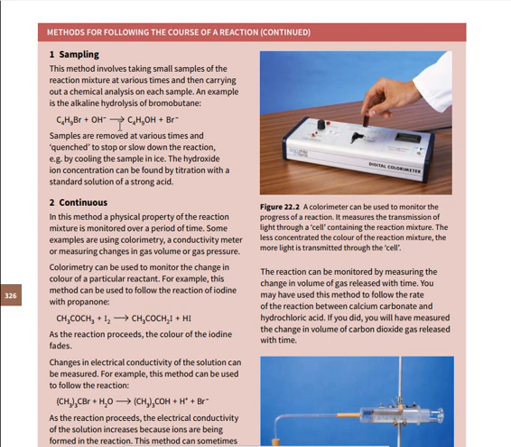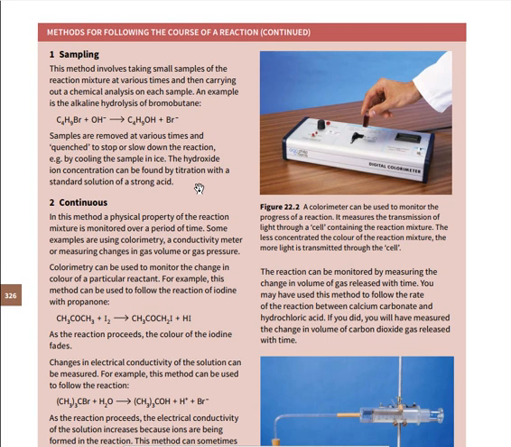An example in this case is the alkaline hydrolysis of bromobutane. You take a small sample from the reaction, and then you quench it in order to stop or slow down the reaction by cooling it down directly with ice.